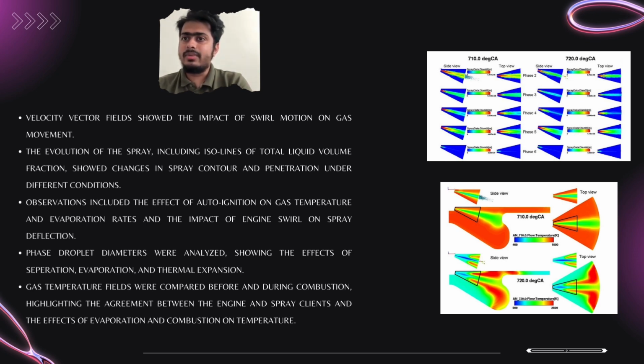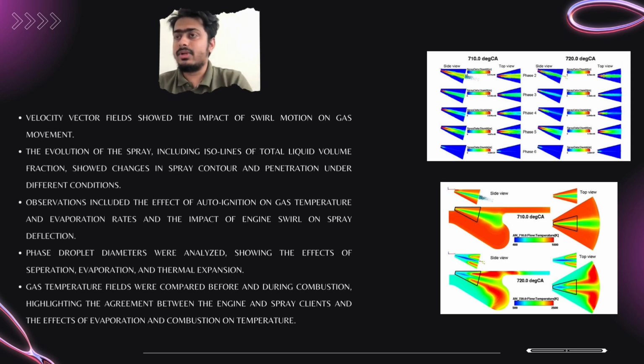Then droplet diameters were analyzed, showing the effects of separation, evaporation, and thermal expansion. As you can see from picture 2, it shows the thermal expansion at 710 degree crank angle and 720 degree crank angle. Then gas temperatures were compared before and during combustion, highlighting the agreement between engine and spray, and the effective evolution of combustion on temperature.